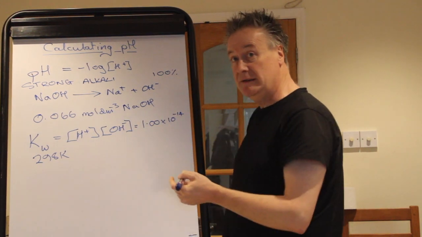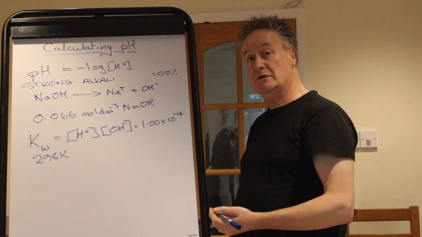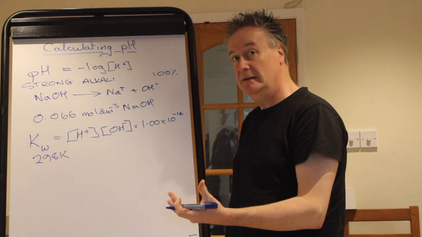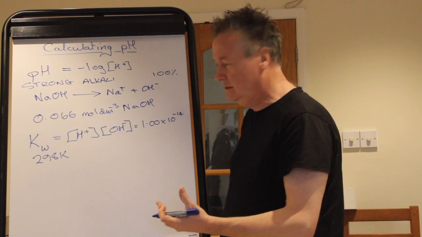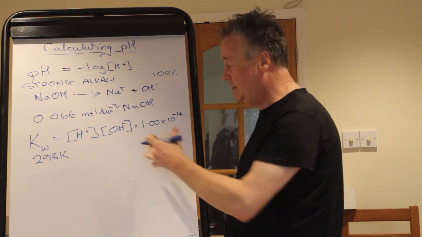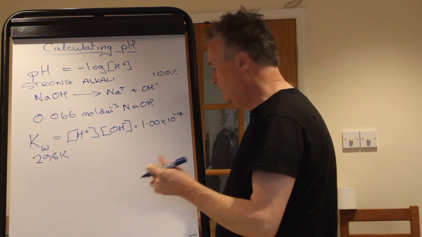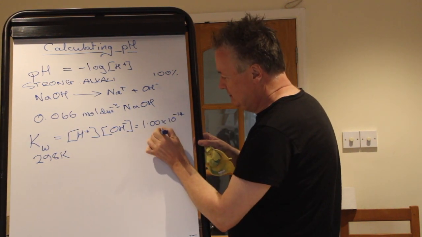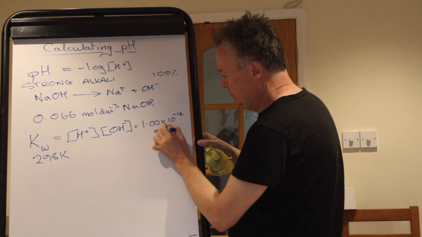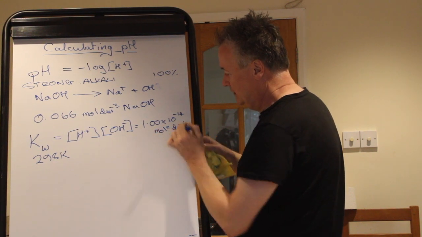Now it's temperature dependent, so if you increase the temperature, Kw gets bigger. We're not going to get involved in doing these calculations at different temperatures, but it's not a massive increase, it slowly creeps up. And like I said, it has double concentration units, so it's mole squared dm to the minus 6.